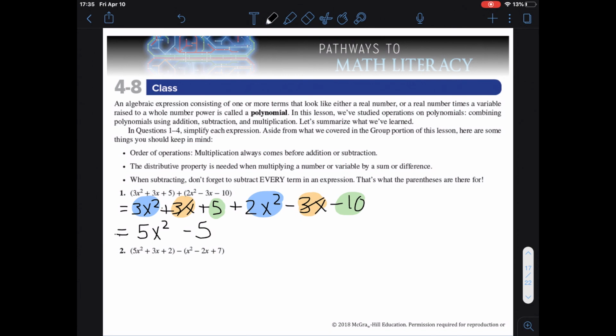Now for this next one, before I can combine the like pieces, I've got this minus sign out front, which is like a minus 1. So it's got to distribute to everything on the inside. So the 5x squared plus 3x plus 2 stays alone. When you distribute that minus sign, it's minus x squared plus 2x minus 7.